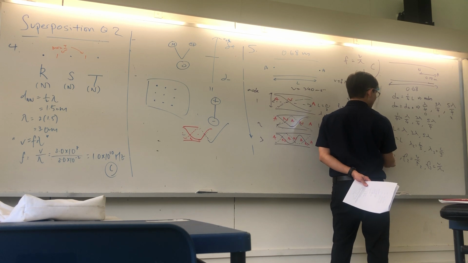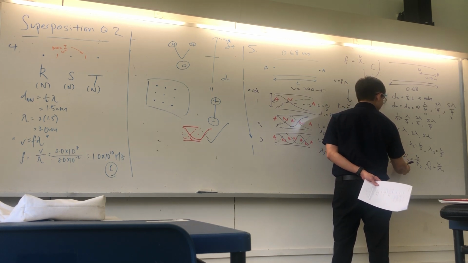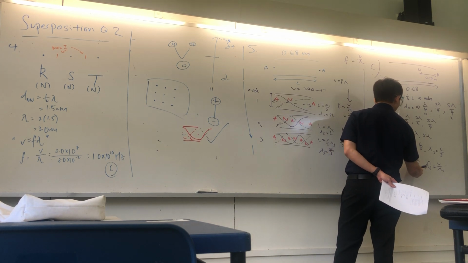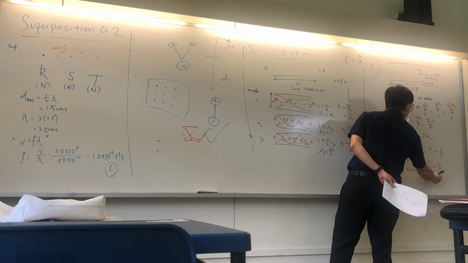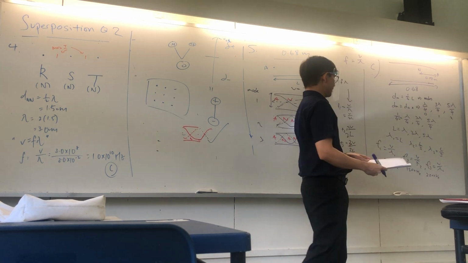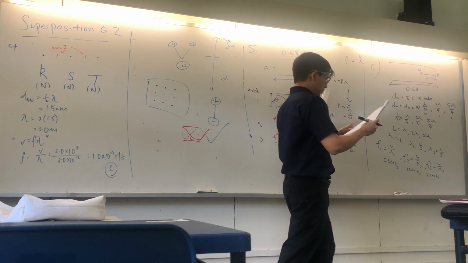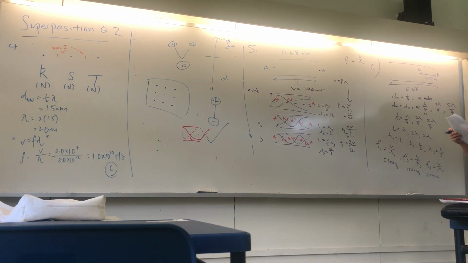This is 340, and wavelength 1 is just L. You will get the first one to be 500 Hz, the second one to be 1005 Hz, the next one to be 2005 Hz. I think so. Not 2000. Sorry.